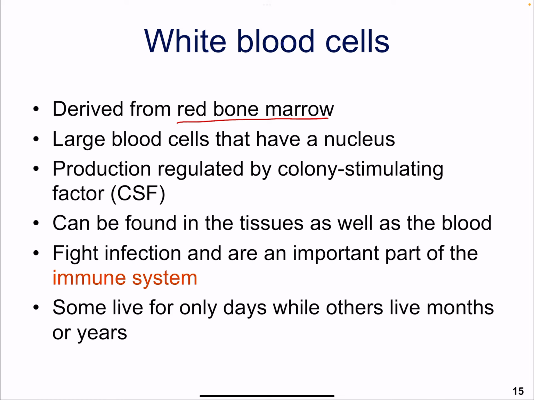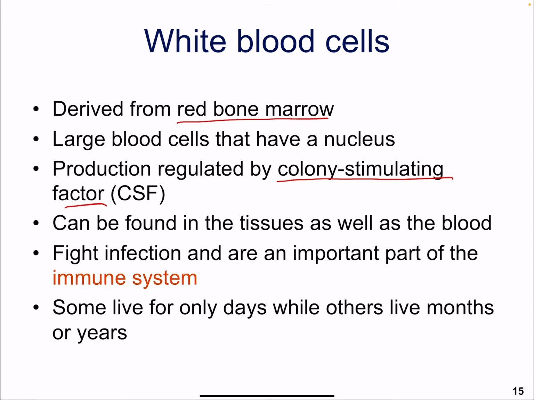Now, the signal that is responsible for the differentiation of the stem cells in the red bone marrow into white blood cells is basically the colony stimulating factor, or CSF.